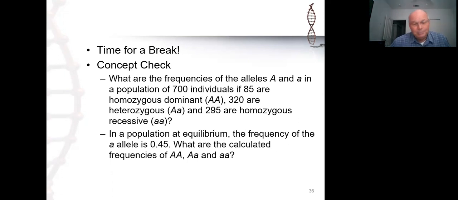And number 2: in a population at equilibrium, the frequency of the little a allele is 0.45. What are the calculated frequencies of the big A big A, big A little a, and little a little a genotypes? See you on the other side of the break to do the calculations.